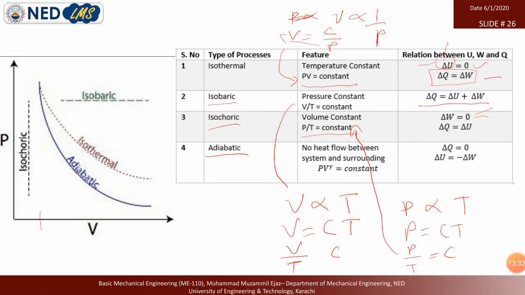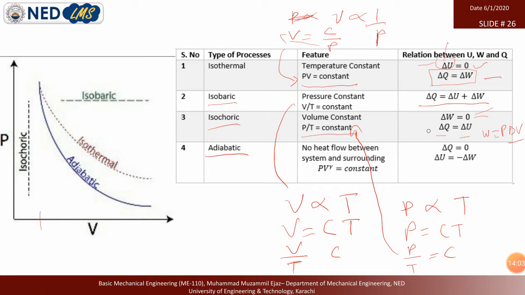Also W is equal to P delta V. We will also study this equation in a later slide. So when the change in the volume is 0, work is also 0 for the isochoric process, and the net heat transfer is equal to the total change of internal energy. So when the work is 0, Q is equal to delta U.